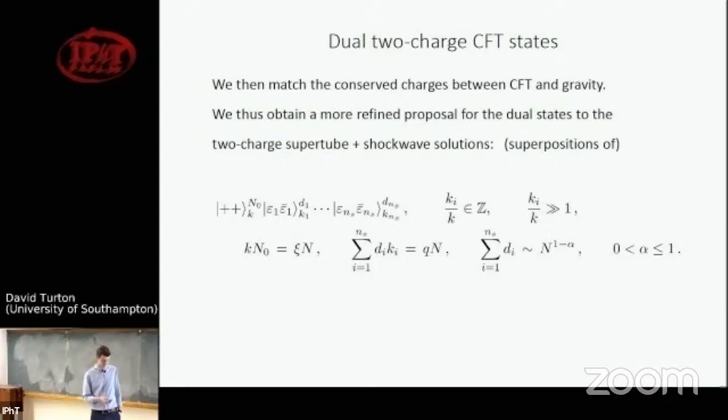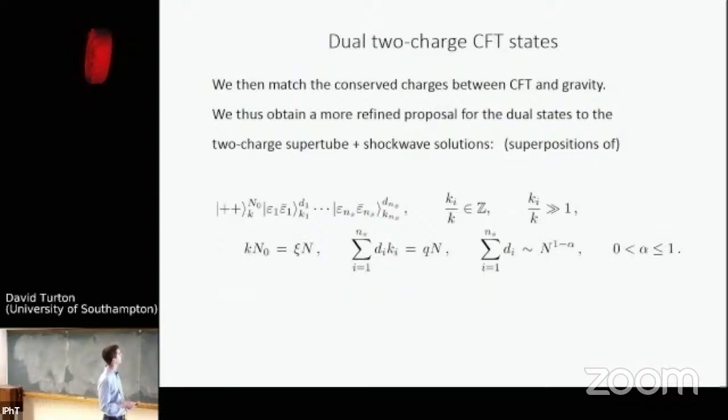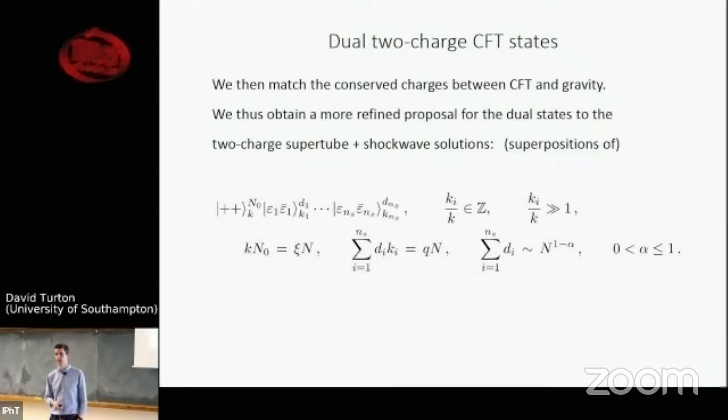Is Xi an integer? No, no. Xi is a real number. Okay, but k and N naught are. But we're in the large N limit. So in the supergravity, we treat Xi as a real number.